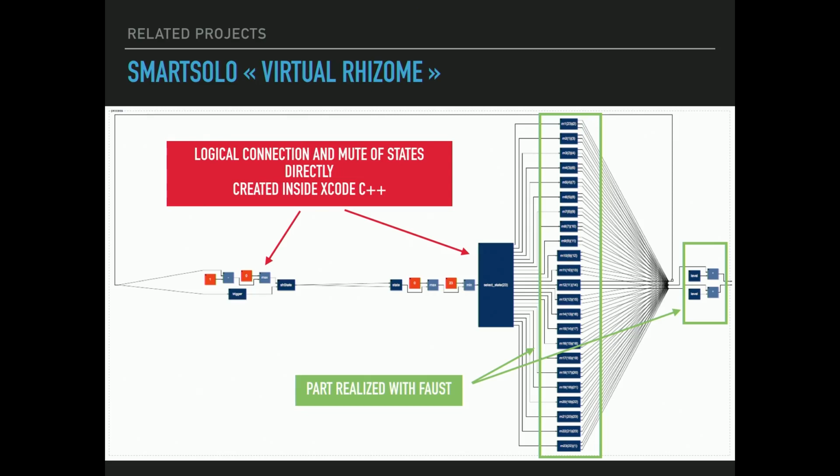So we decided that the green parts are different Faust code, and the rest we write directly in C++ code to resolve that. Of course, now the compilation goes very fast.